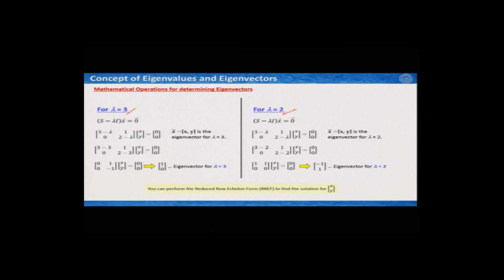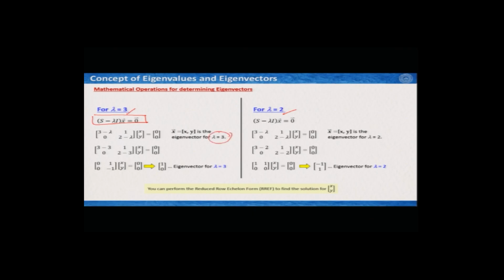Now, the task is to determine the eigenvectors for the corresponding eigenvalues. The operations, as you can imagine, are very straightforward. We again see this same equation where S is your matrix, lambda is your eigenvalue, I is the identity matrix, and here x is the eigenvector for lambda equal to 3.